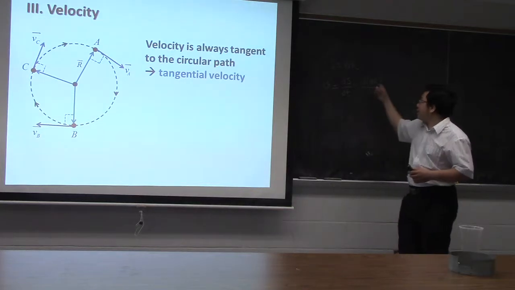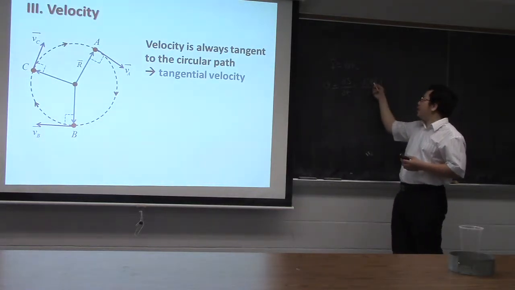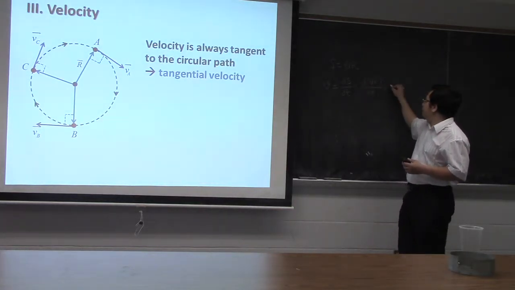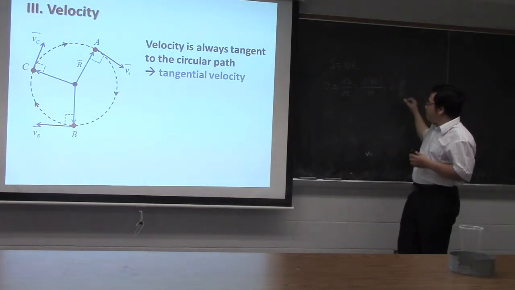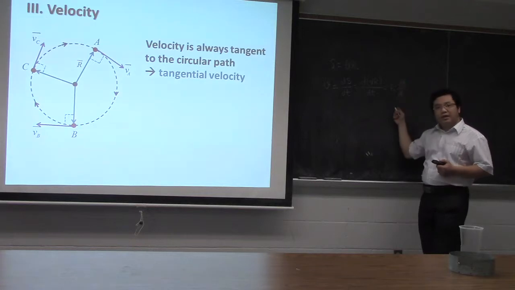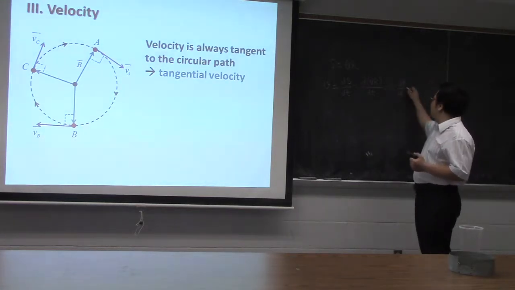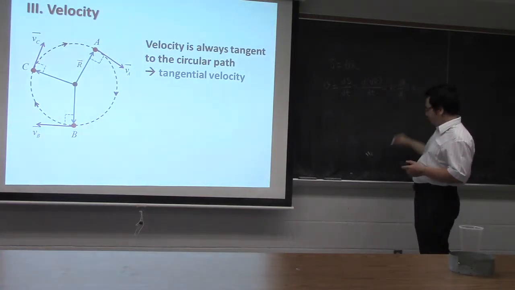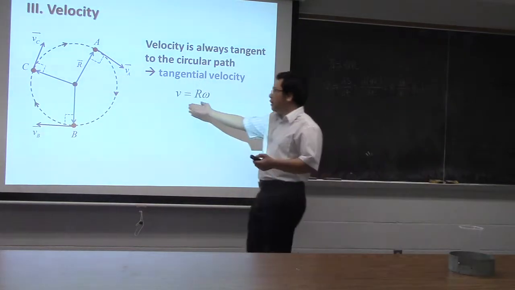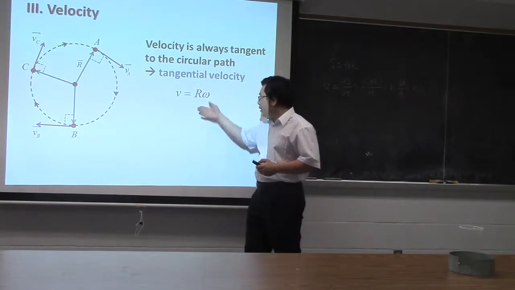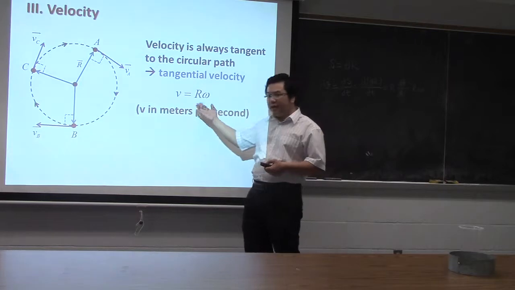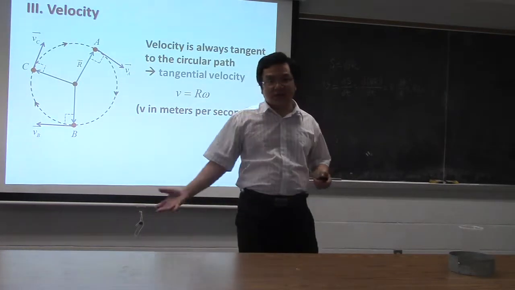Because the radius r is a constant, we can take it out of the derivative. And remember that d theta over dt is the angular speed, so we can write r omega. Hence we have the relation v equals r omega. v is in meters per second because it's velocity.